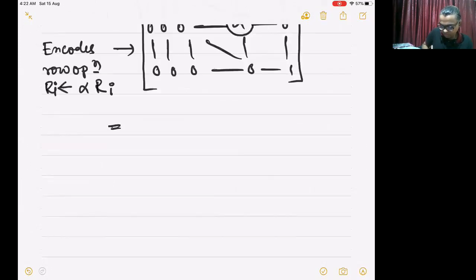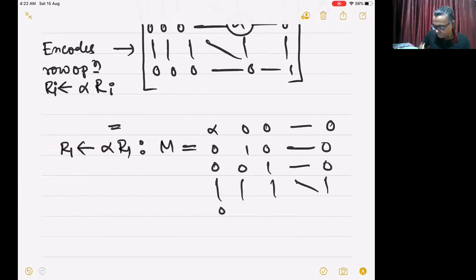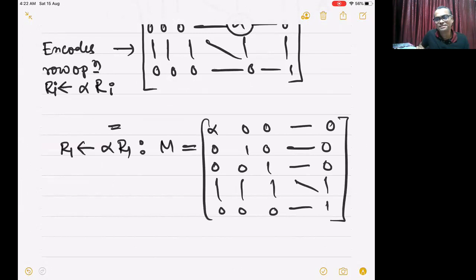You can quickly check R1 replaced by alpha times R1. What would this matrix be? The corresponding matrix M is alpha 0, 0, 0, 0, 1, 0, 0, 0, 0, 1, 0, 0, 1, 0, 0, 0. Yeah, like this.